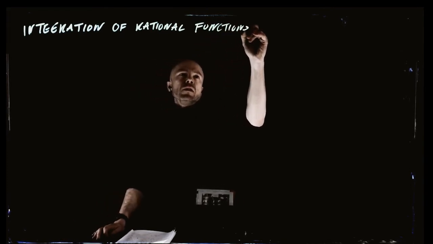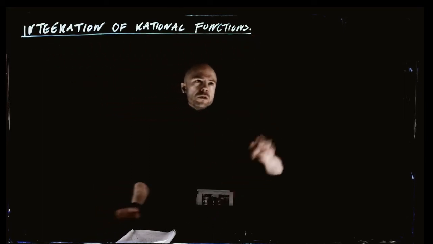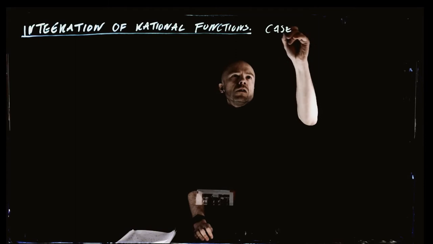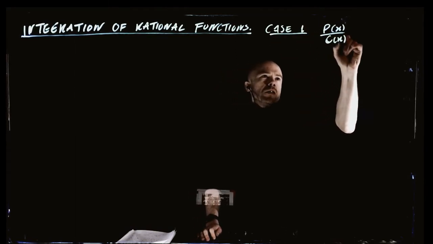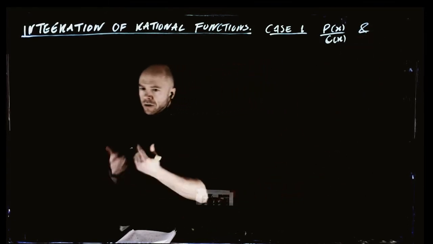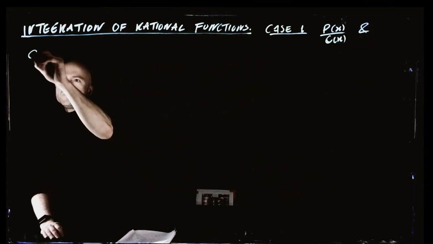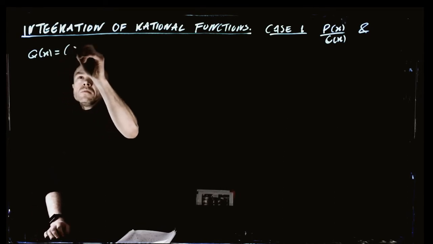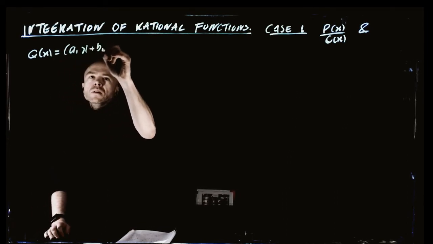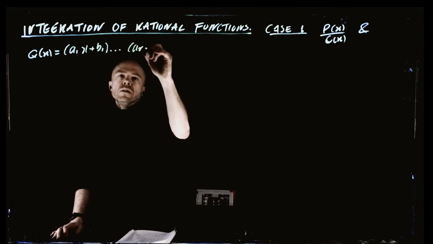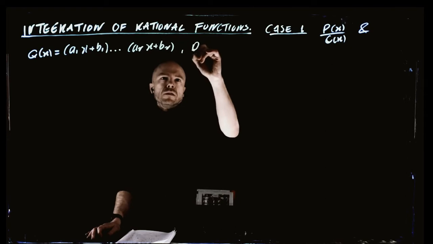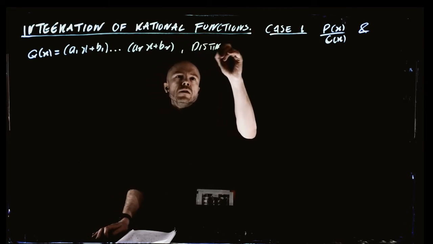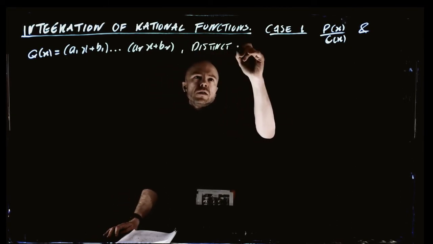And we learned case 1, which was when we had P of x over Q of x, and Q of x can be broken into distinct linear factors, which are like this. Okay, distinct linear factors.